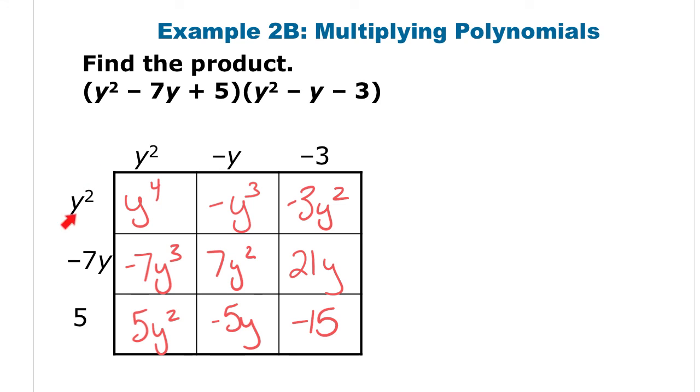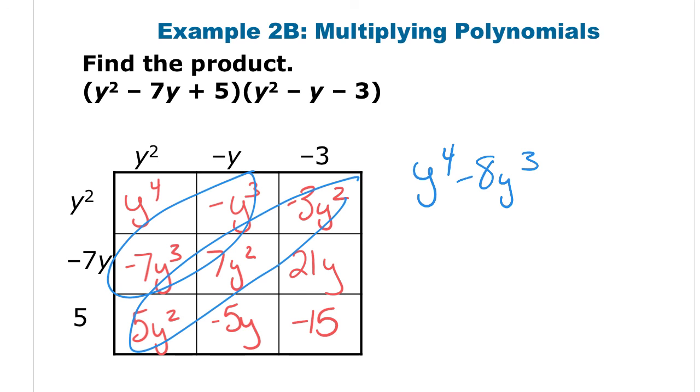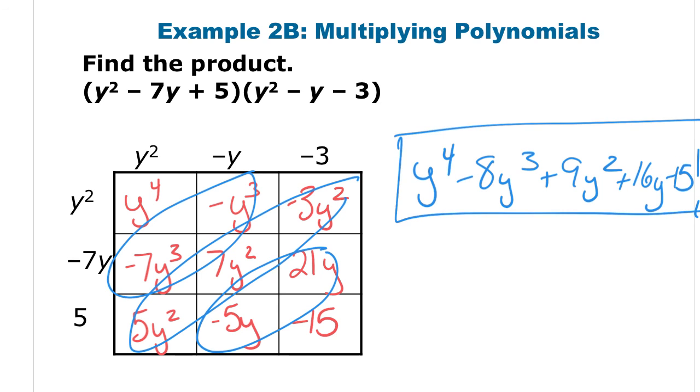The nice thing is that if we were in standard form when we set up the table, our like terms tend to be in groups diagonally on our table. So I have 1y to the fourth, then I have negative 8y to the third, then I have 9y squared, and then we have 16y and a negative 15. So there it is, all multiplied out. The table can really help keep things organized.